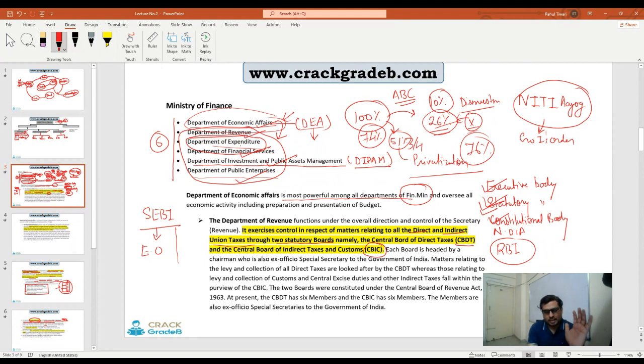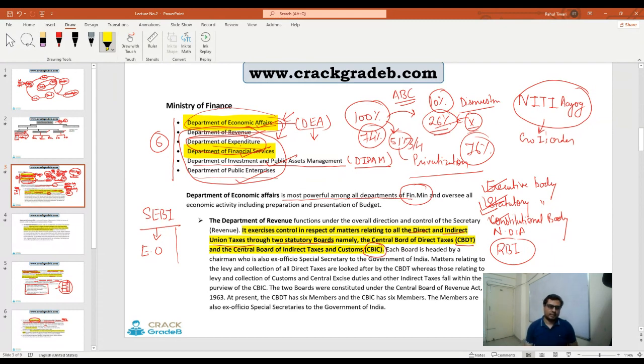From your exam point of view, you have to focus on these two: Department of Economic Affairs and Department of Financial Services. These are the two most important from the point of view of your exam. So any article or news that comes in the newspaper, you can pay your attention to that news.